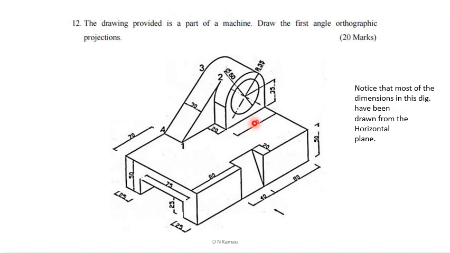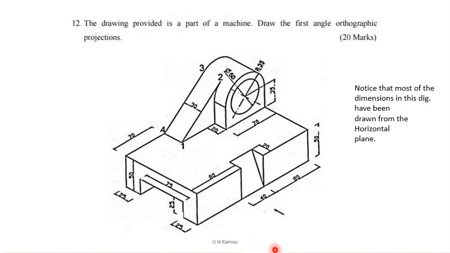This is horizontal. This is also horizontal dimension coming from that plane. Then we have this one also as a horizontal, this one also as horizontal dimensioning from horizontal planes.